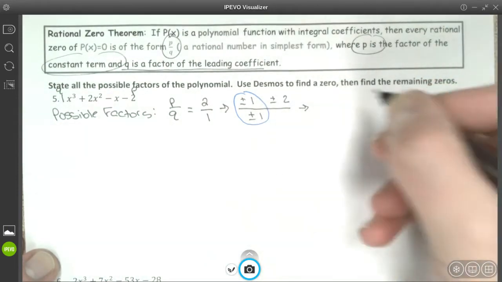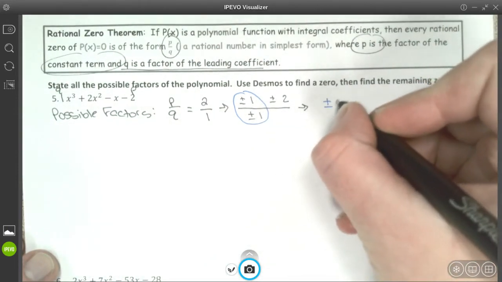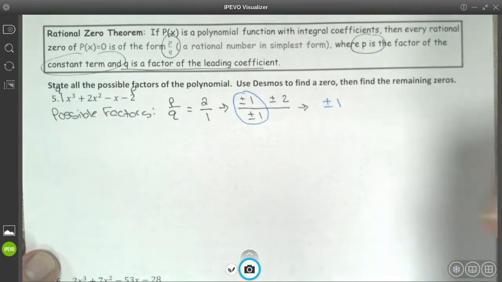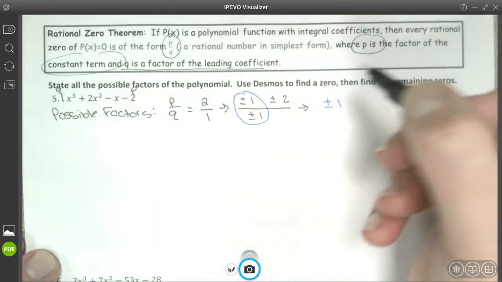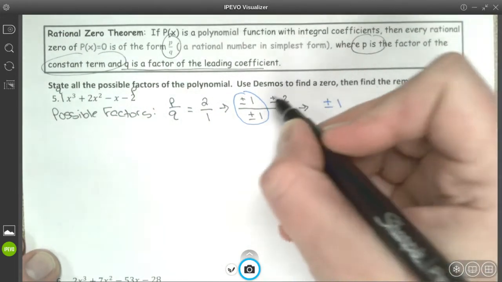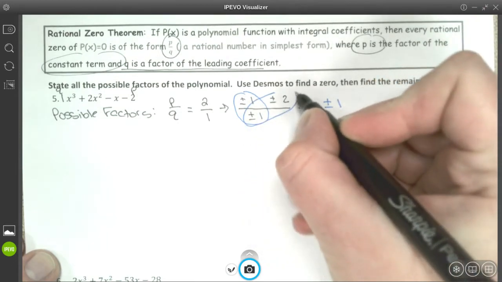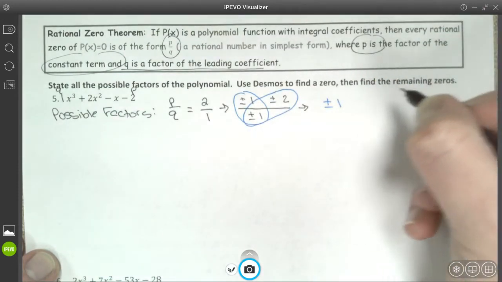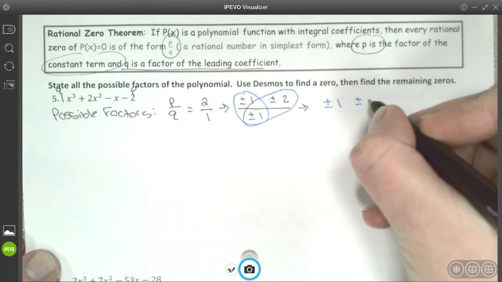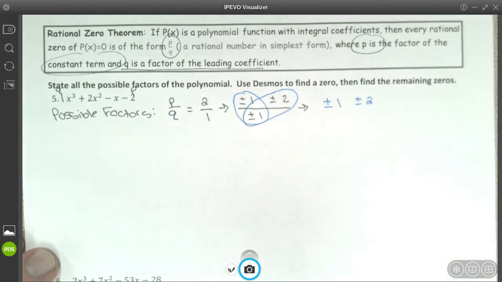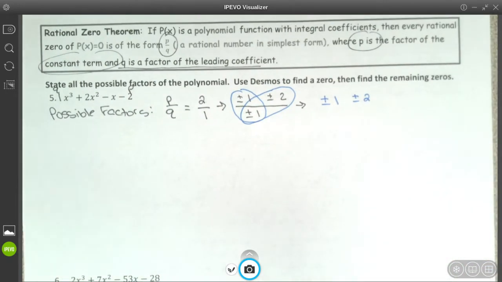So this one's easy. 1 divided by 1 is plus or minus 1. That is one possible factor, or 2 rather. And then we take 2 divided by 1, which is just 2. So here are our possible factors that we have.